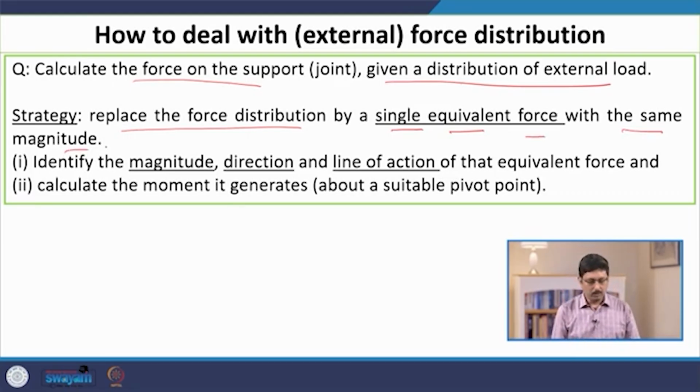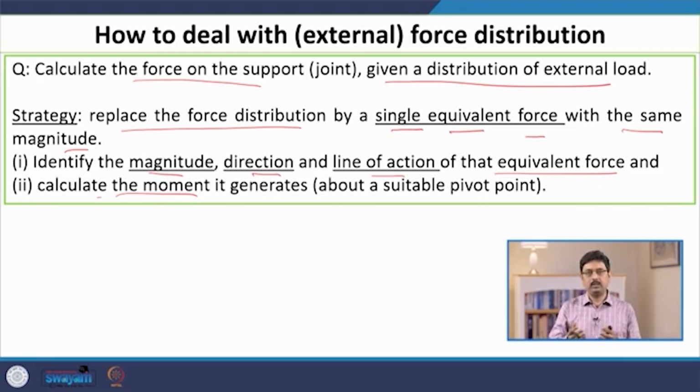We want to know the magnitude, direction and line of action of the equivalent force, and in order to do that we want to calculate the moment that this force is generating. What equivalent means will be clear in a moment. So, these are the things I am interested to know.